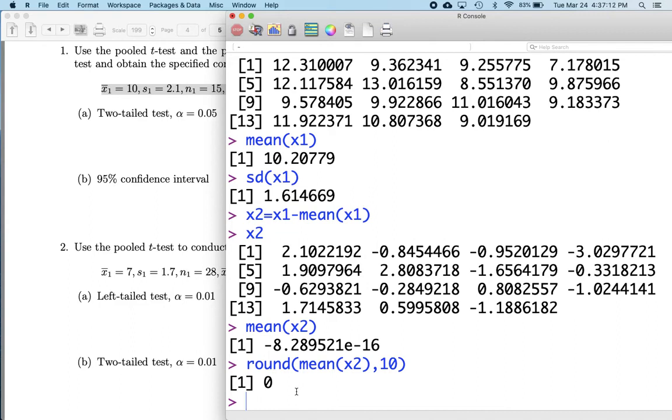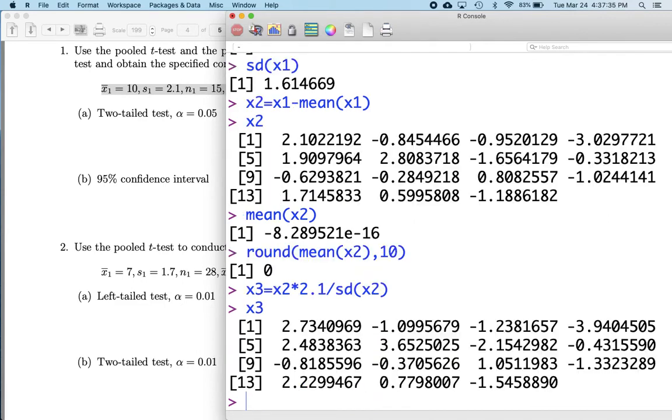Now that it's centered around 0, let's change its standard deviation. I want its standard deviation to be 2.1. So I'm going to multiply all the values by 2.1, and I'm going to divide all the values by the standard deviation of x2.